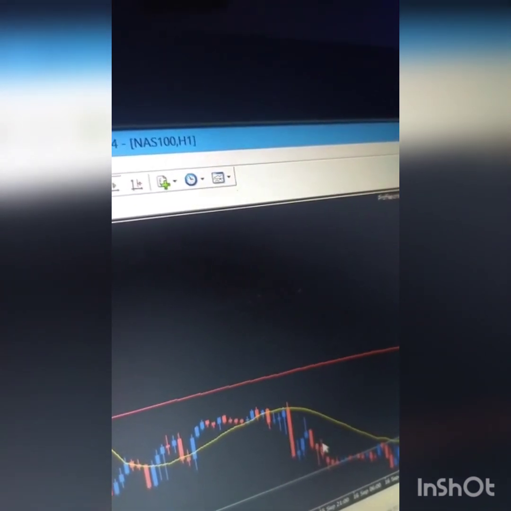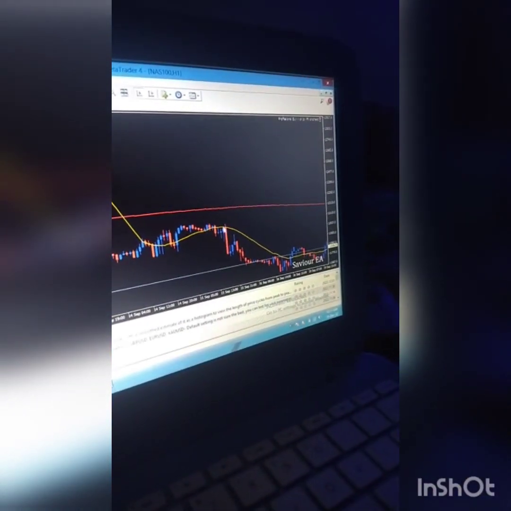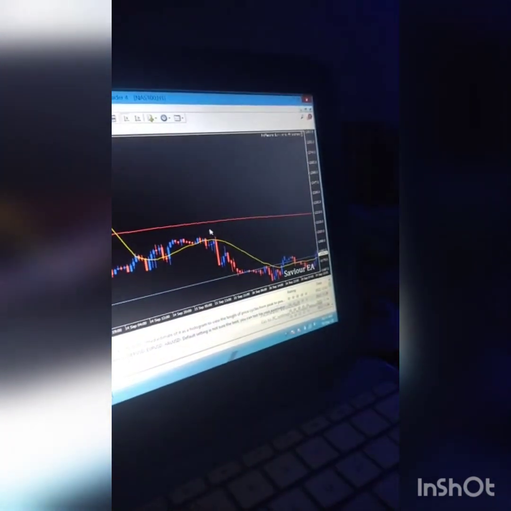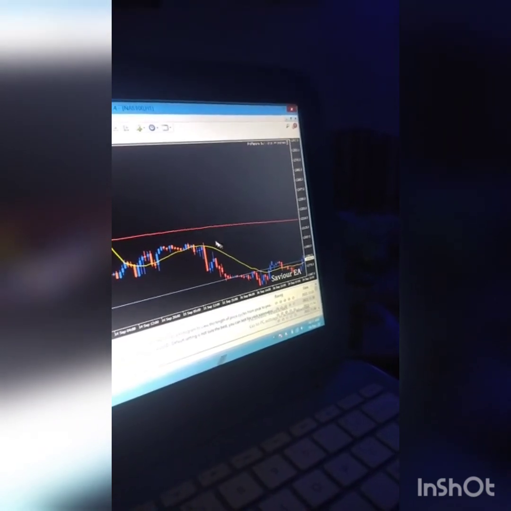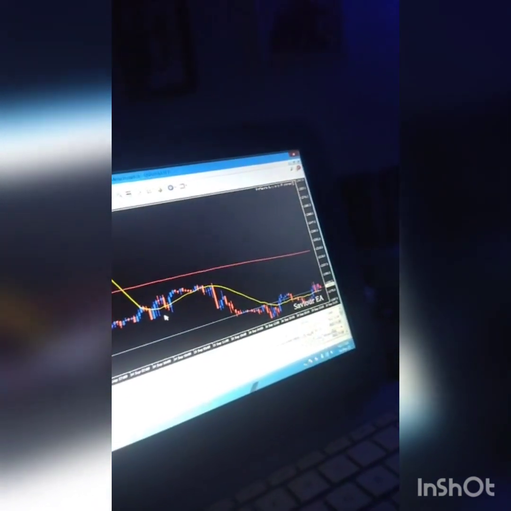Even if I enter here, it drops to the downside. If I enter when this one took out the previous green, it still dropped to the downside. Why will I enter here? Because they are close to each other. You can see that the three are close to each other. This one is close to this yellow. The yellow is close to this red. So let's look for more entries. I think that is all of the entries.